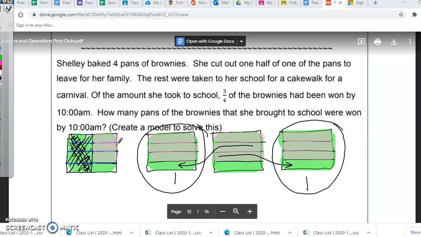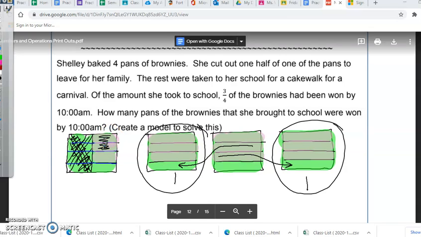Remember, if I have these 2, that would be like 1 whole line. This one and this one together would make 1 whole line. So I have another line here. So I'm going to get rid of this piece here.